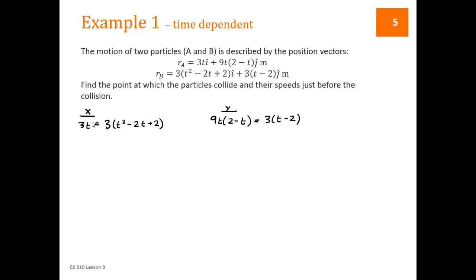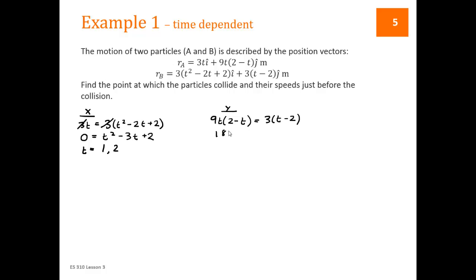So these are quadratic equations. Let's see, the 3's cancel, there's one on each side. We move this t over, we get 0 is equal to t squared minus 3t plus 2. Standard quadratic equation, we can solve it. t is going to be either 1 or 2. Two options, two solutions to any quadratic equation. Alright, solve the other side.